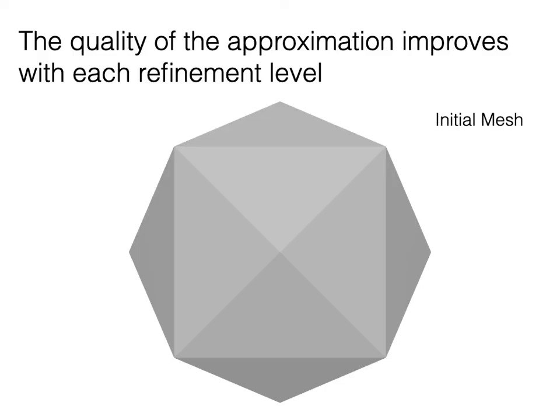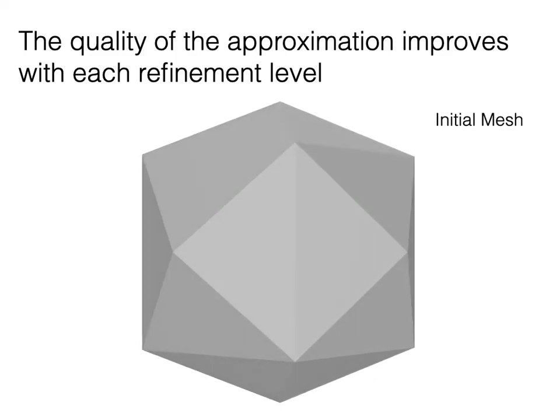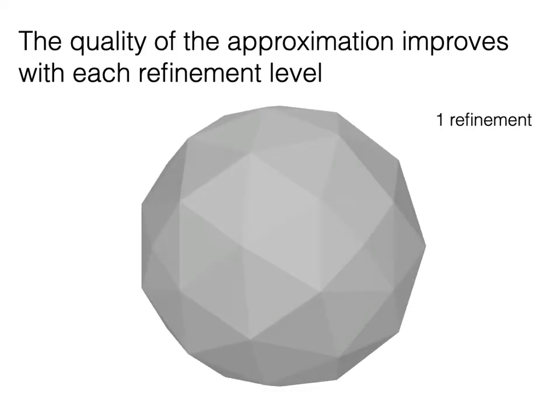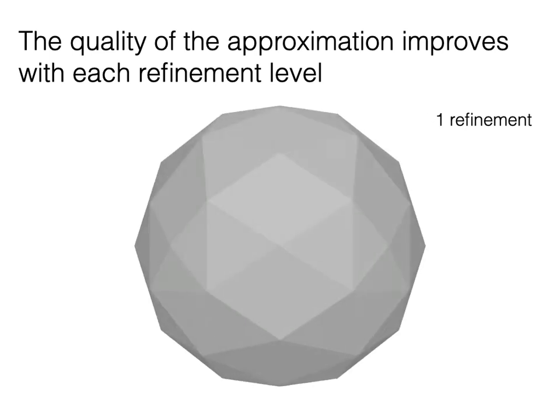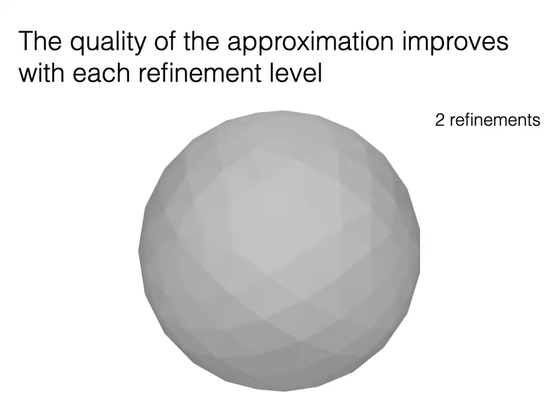So here's our initial mesh, and you can see it's just as we saw before. If we perform one refinement and re-optimize, you can see we get something that looks more like a sphere. If we perform two refinements, you can see we're getting even better. And then three refinements give us something that is really very close to a sphere indeed.